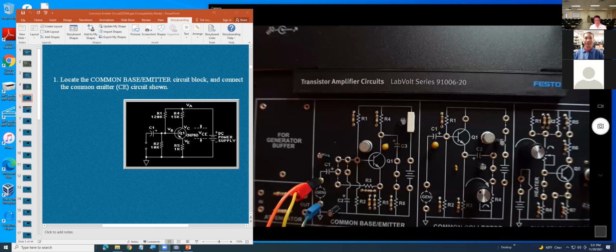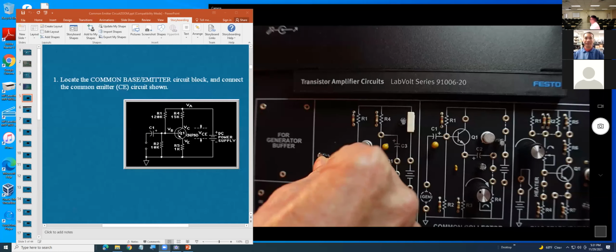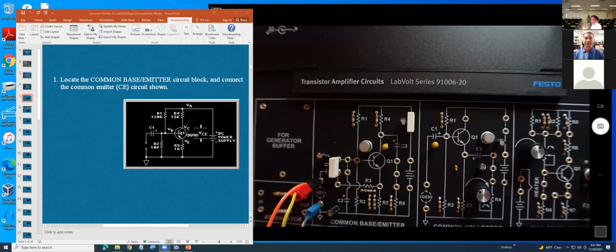Okay, so now the first thing is to make sure we build the circuitry the way they want it. The first thing you connect is the power, and now that will go to the CE amplifier. What else do we need? You have to tell me.